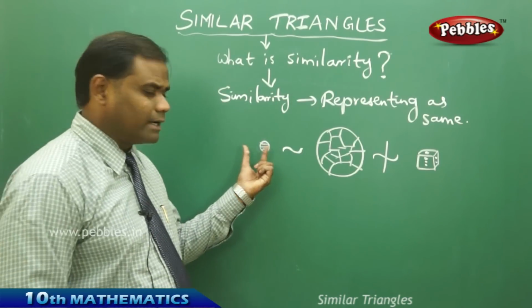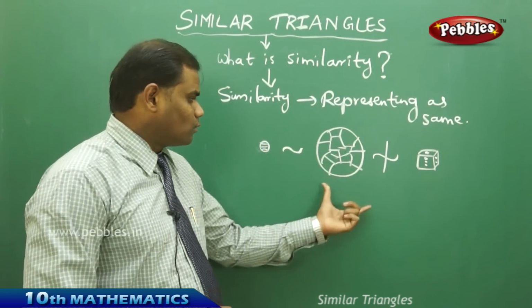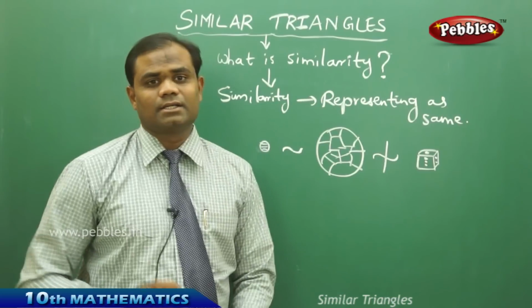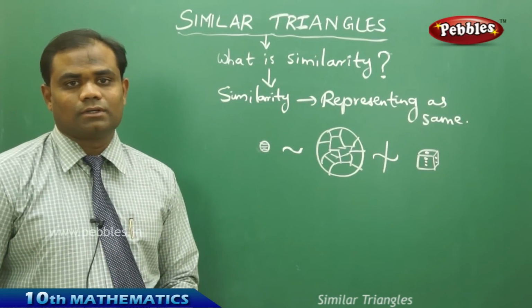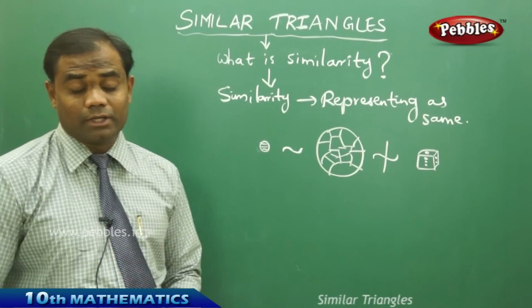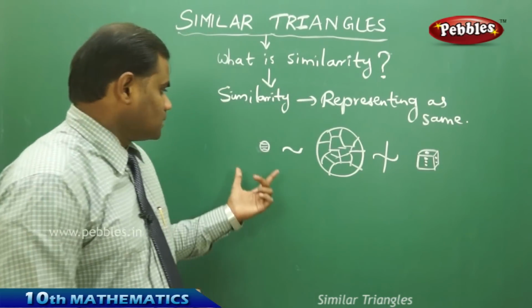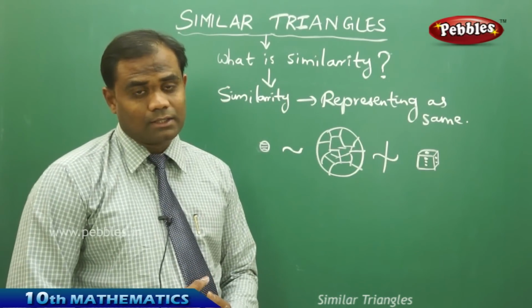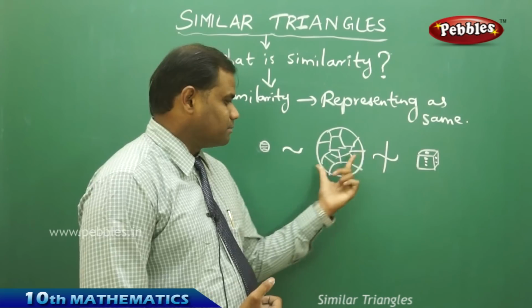Why is a cricket ball similar to a football, and why is neither of these similar to a dice?